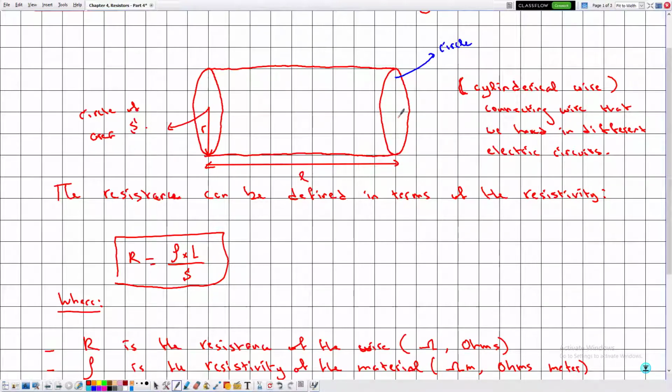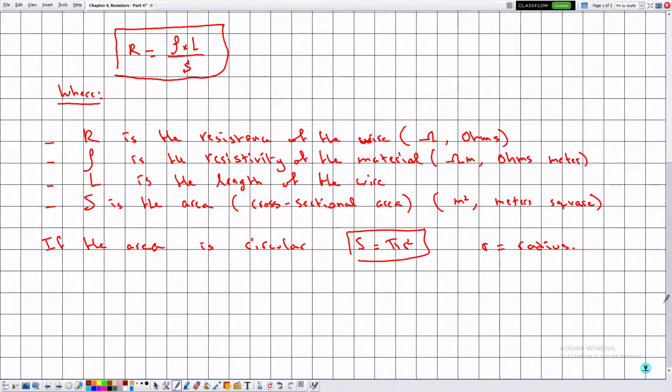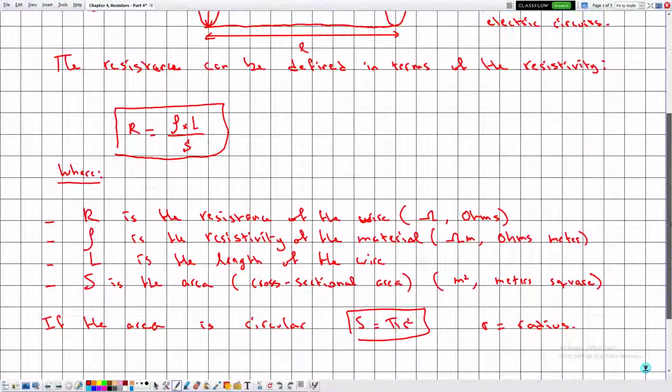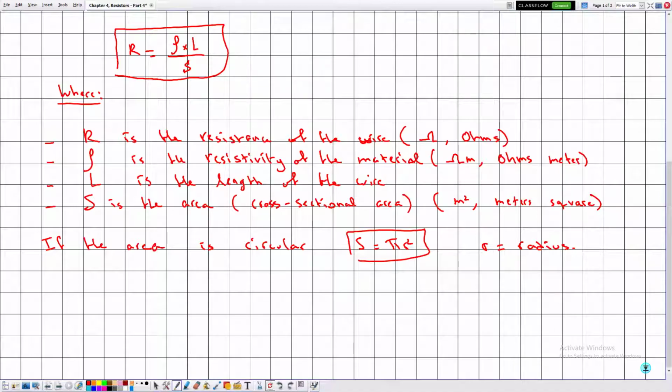Okay, so here also we have the area S, and this will be the radius r. Now here also let me say that the conversion of the units regarding area I will discuss during the exercise.